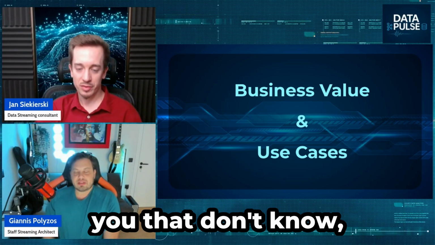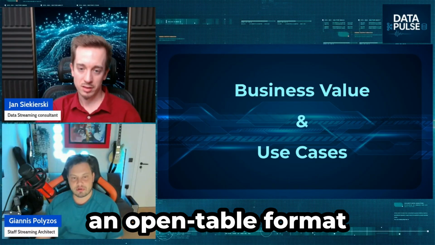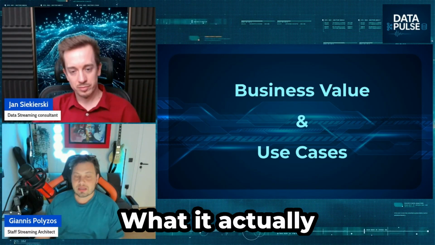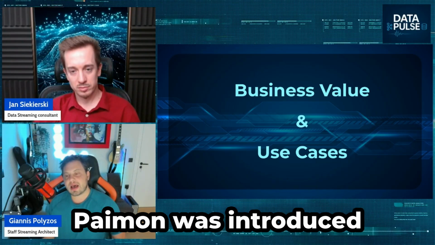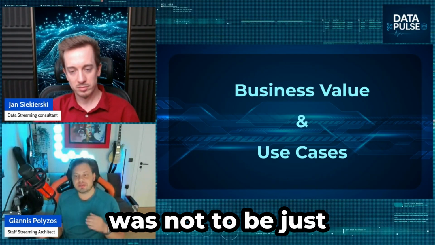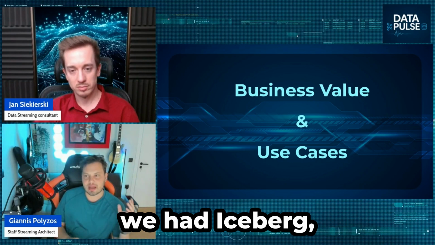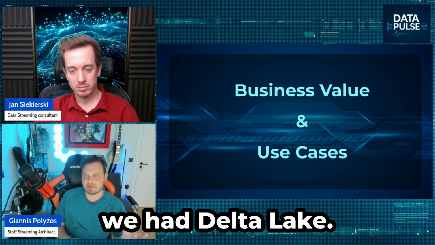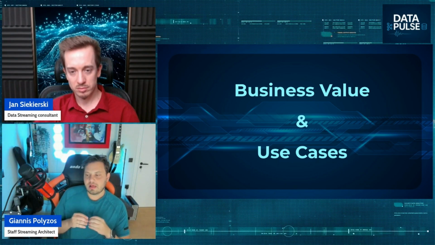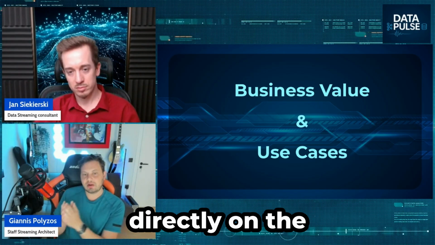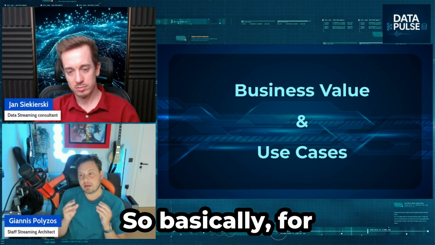So for those of you that don't know, Apache Paimon is an open table format that was introduced by the Flink community. The reason that Paimon was introduced was not to be just yet another table format, because we already had Hudi, we had Iceberg, we had Delta Lake. The goal was to bring streaming and stream processing directly on the data lakehouse.